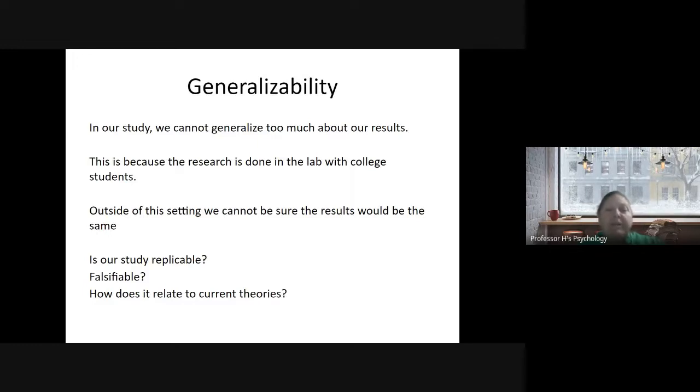And how does it relate to current theories? Going back to the initial theories that we might have read about viewing violent TV and viewing violent video games, this would add some support for the idea that exposure to these types of violent media increases the likelihood of aggressive behavior.